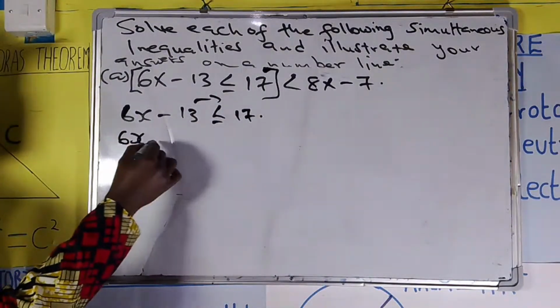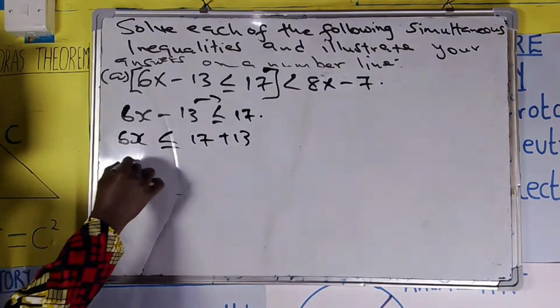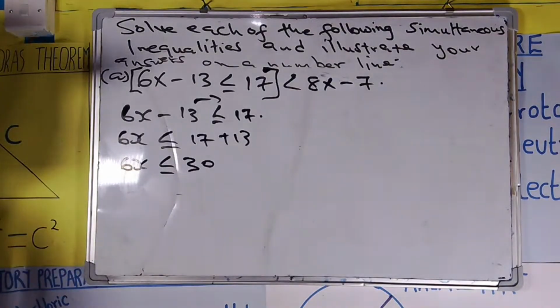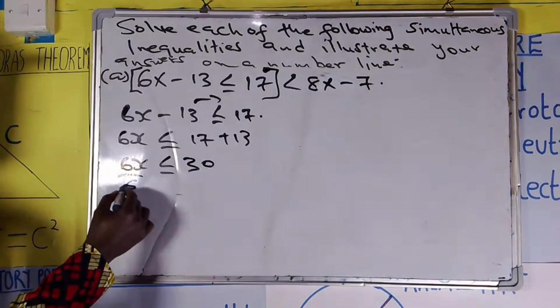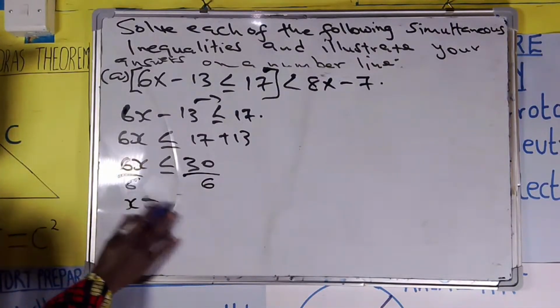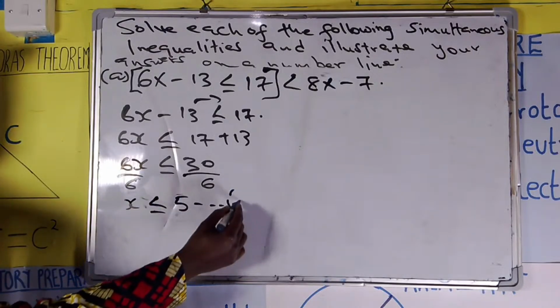So itakuwa 6x is less than or equal to 17 plus 13. And 17 plus 13 is 30. Tukipata 30, we divide both sides by 6. Tunapata x is less than or equal to 5. Unapata ya kwanza.